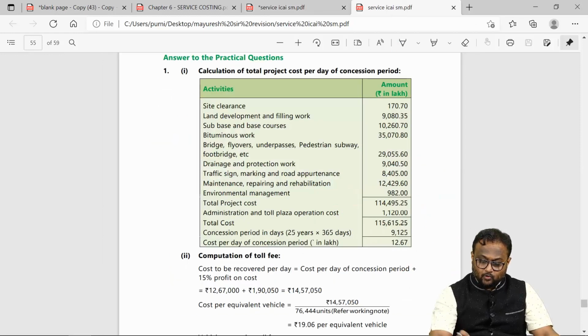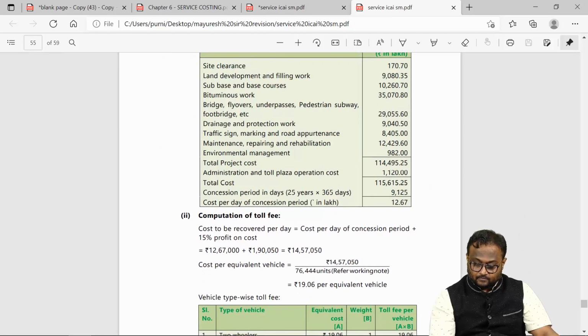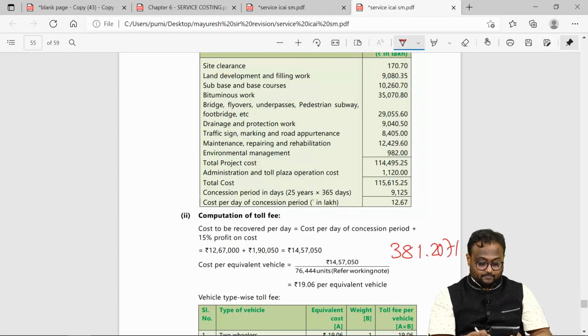So what you can do is this 14,57,050 will be divided by 3822.2 weighted average vehicles. So your average toll will be 381.2071 something.